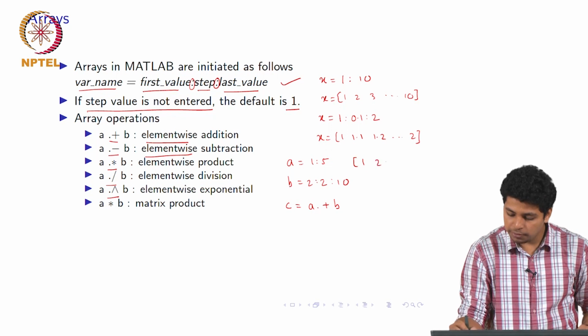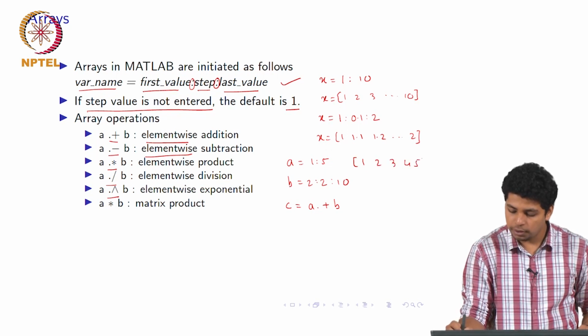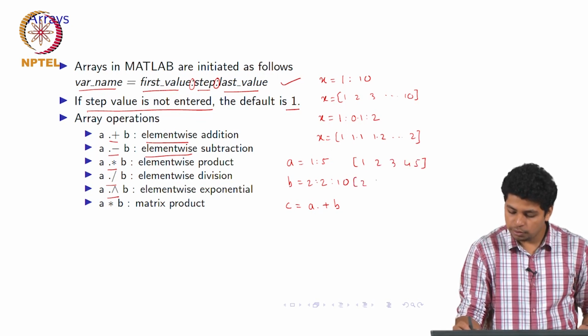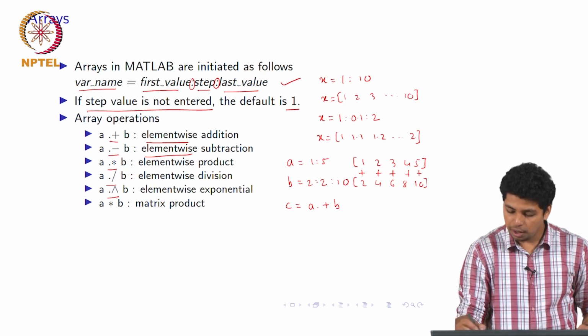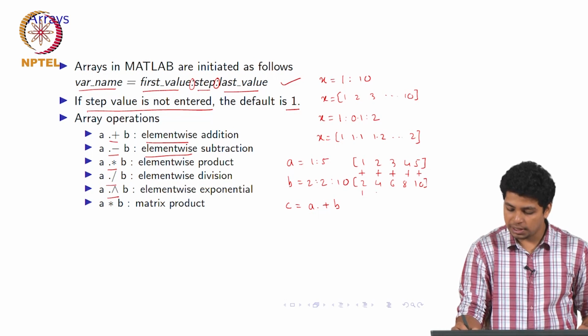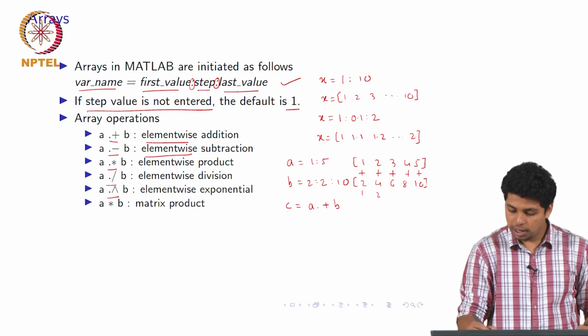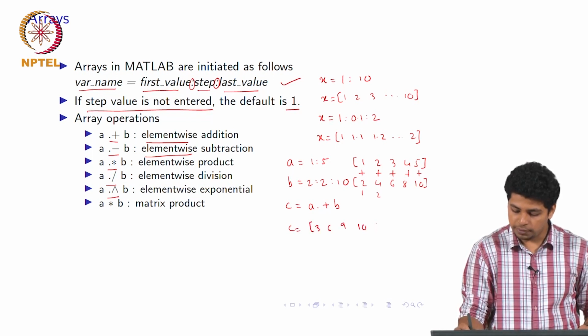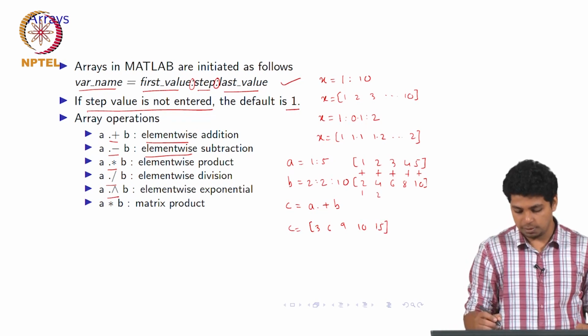Say elements of a are 1, 2, 3, 4, 5 and b are 2, 4, 6, 8 and 10. So dot plus will add individual elements of a and b according to their index. The first index values will be added, second index will be added and so on, and then finally c will store these values 3, 6, 9, 12 and 15. So that is what element wise means.